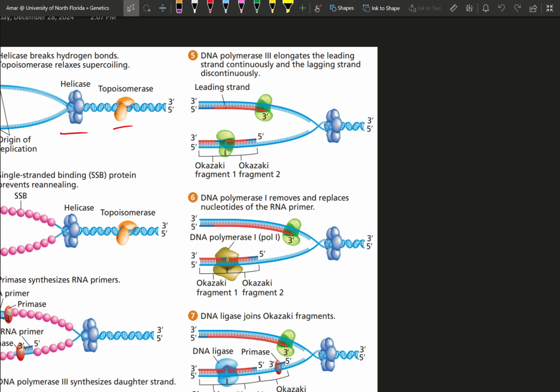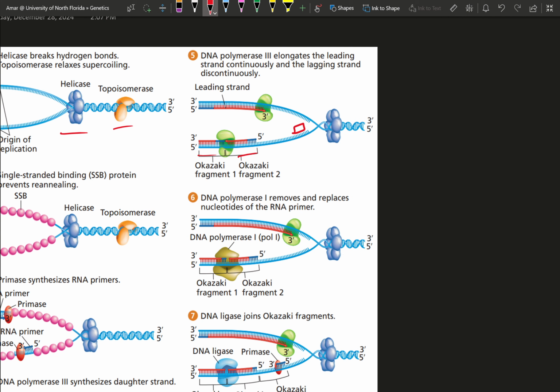But then the lagging strand, however, because it's basically going in an inverse direction, it has to be replicated in segments, right? As you can see here. So what's happening here is that at every particular point, you're adding a new RNA primer here to allow for replication to occur.